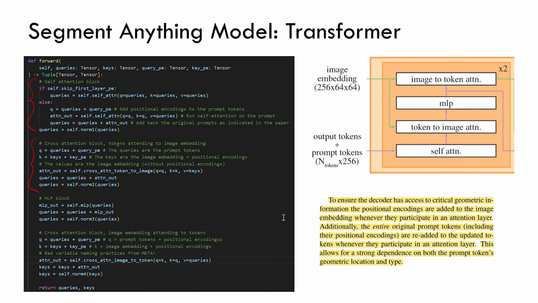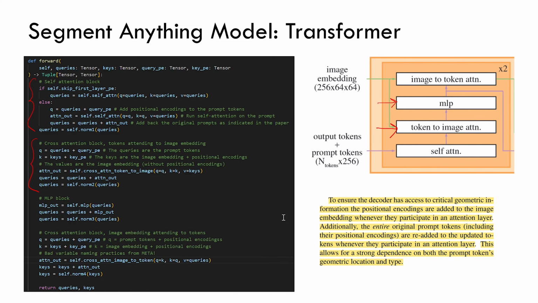So in the first cross-attention the tokens are used as queries, while the image embeddings are used as keys and values. Then there is a multi-layer perceptron, so it's just linear layers. And finally we have another cross-attention, but this time the opposite. In this case the queries are the image embeddings and the keys and the values are the prompt tokens.